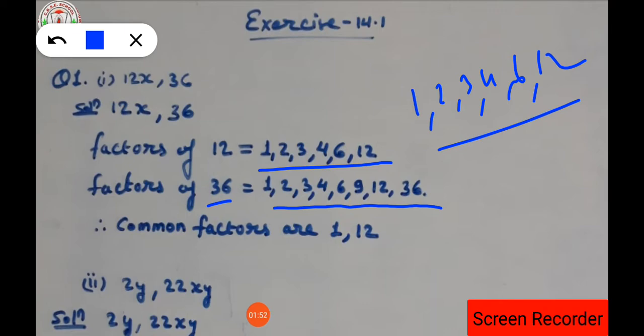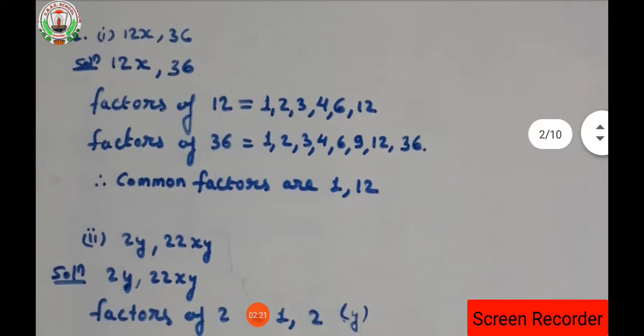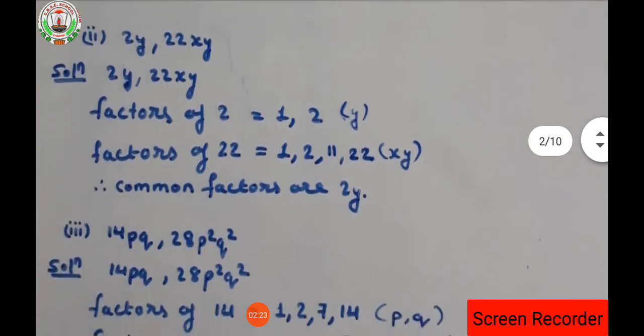If we write 1, 2, 3, 4, 6, 12 as the common factors, that is also correct. And if we write the highest common factor for both the numbers, that is 12. So in question number 1, first part, we write the highest common factor, that is 12. Clear everyone?